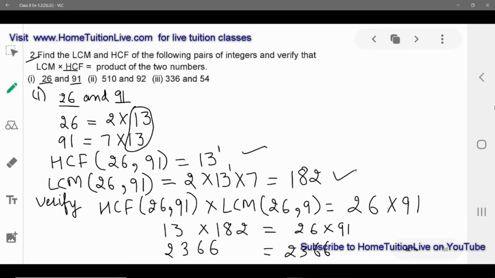Okay. The next question: find the HCF and LCM of 510 and 92. And also we have to verify these numbers, HCF and LCM. So first of all, we will factorize these numbers.